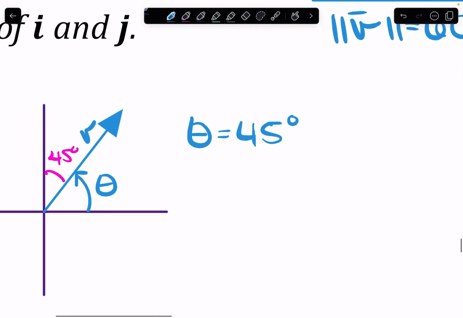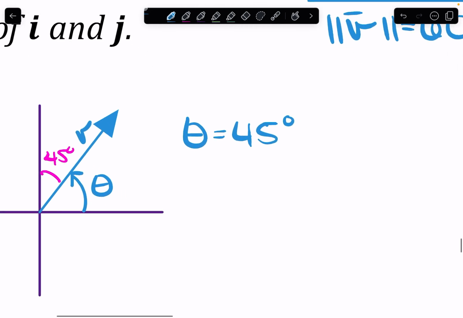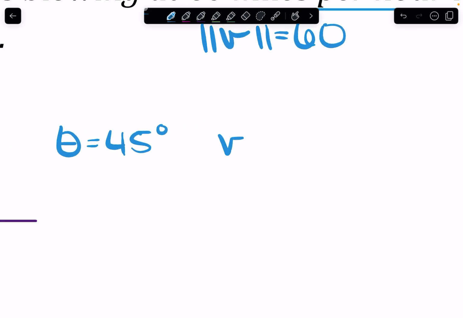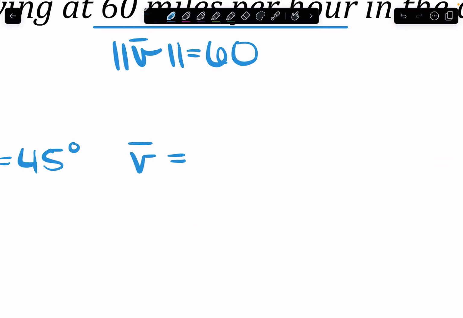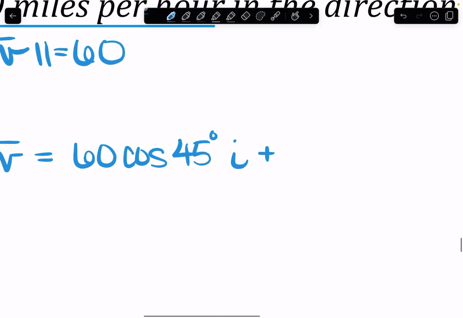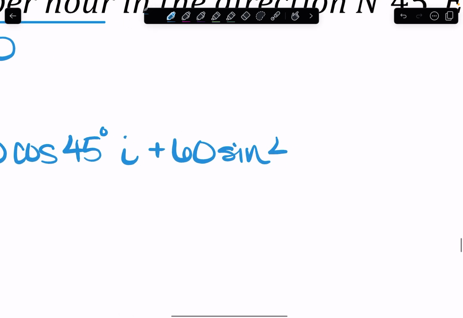My magnitude, we've got it listed up there, is 60. So v equals magnitude 60 times cosine of the angle 45 degrees, i, plus the magnitude 60 times sine of the 45 degree angle, j.